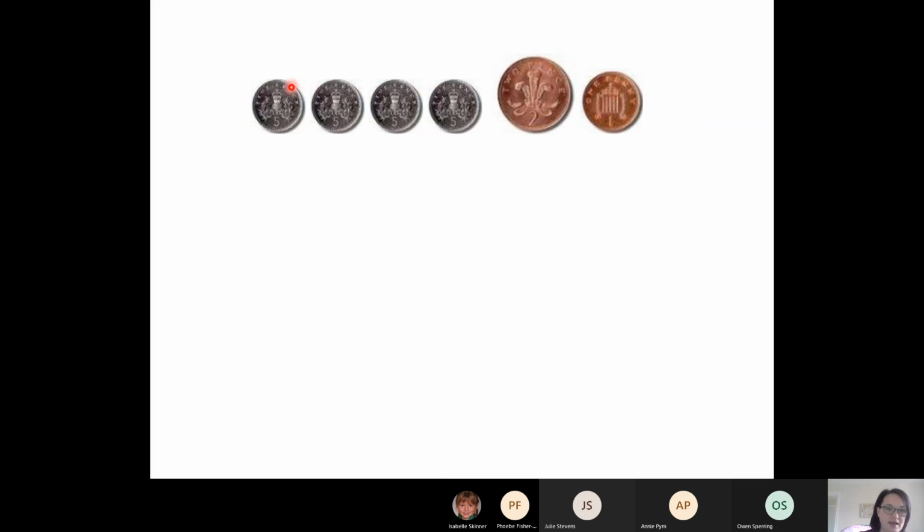So I've got a 10 here and a 10 here, which gives me 1 ten, 2 tens. So I've got 2 tens. And then if we look at how many ones we've got left over, 2 ones here and 1 one there, gives me 3 ones altogether. 2 tens and 3 ones.